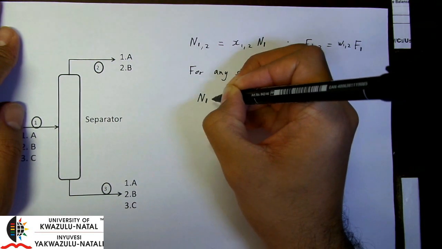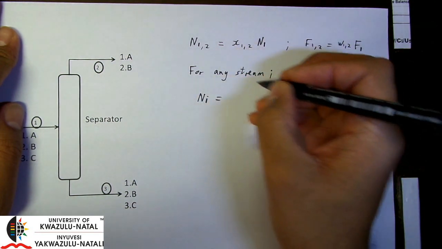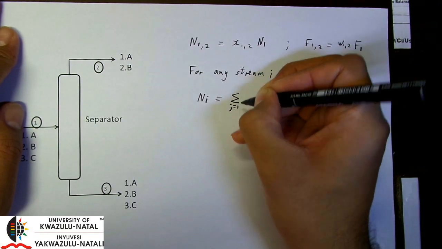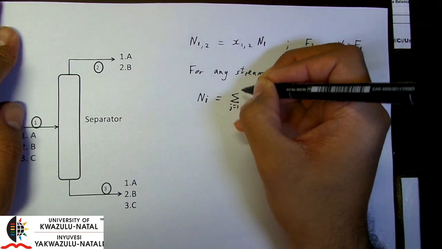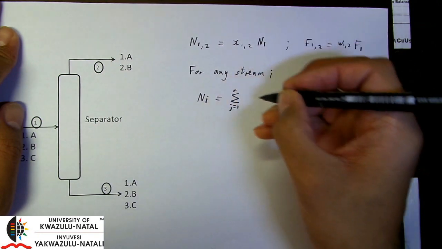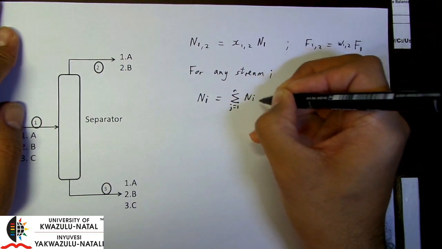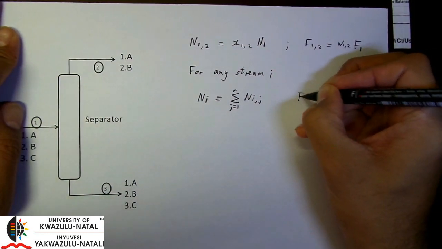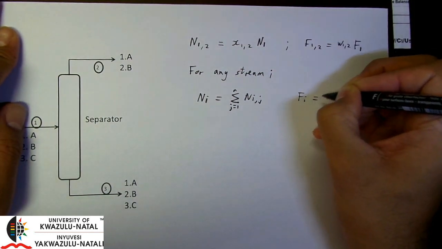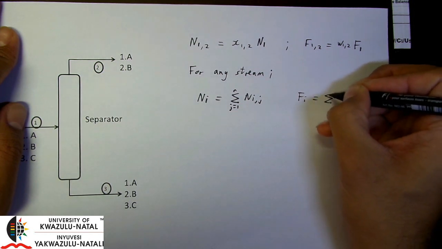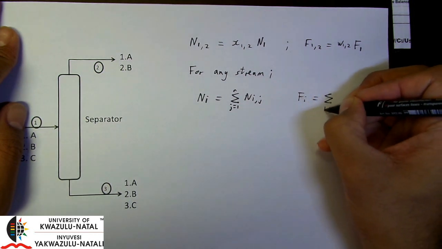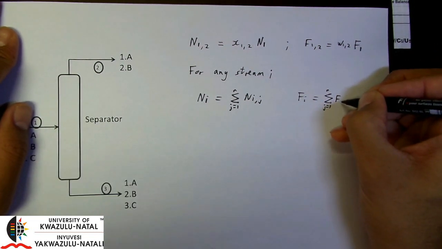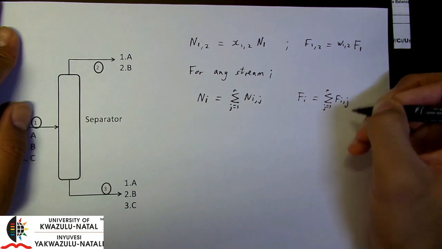we can write Ni is equal to the sum of j equals 1 to n of Nij, or we can write the same in mass terms, the summation of all j components in that particular stream.